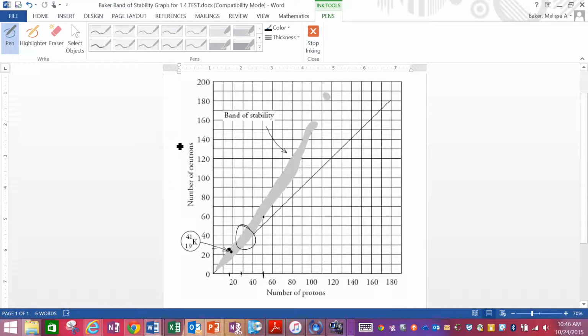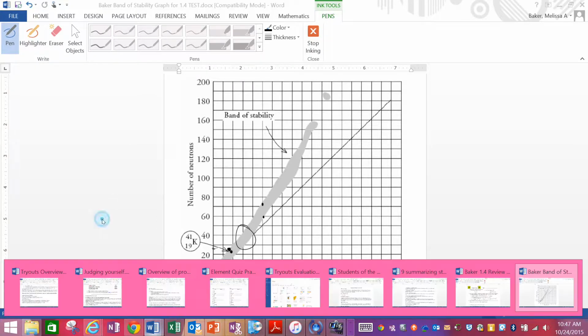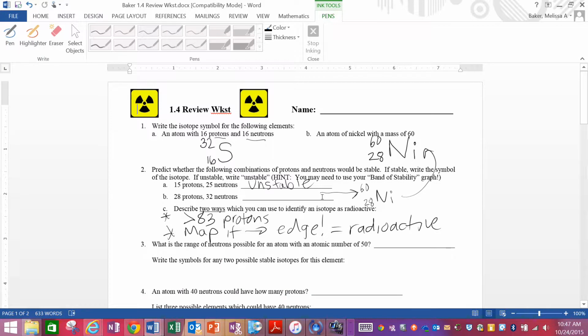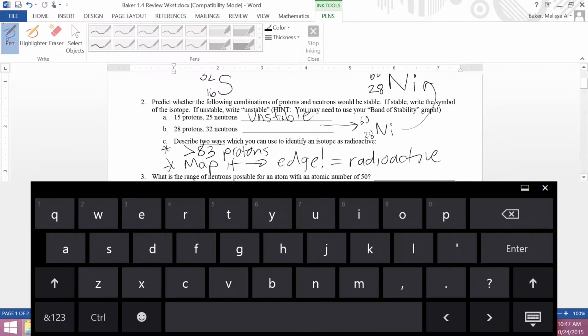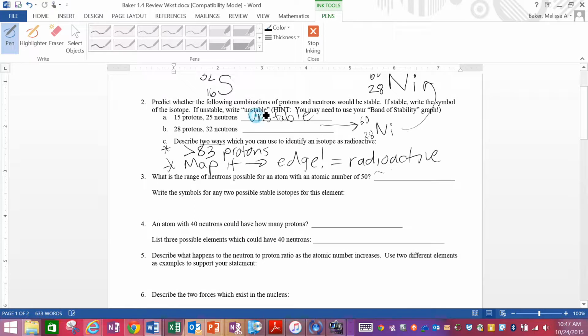So it looks like anywhere between 60-ish and, I don't know, 72 could be stable. I think in my answer key I actually end up saying 58 through 75, but somewhere in that range, about 60 to 72.